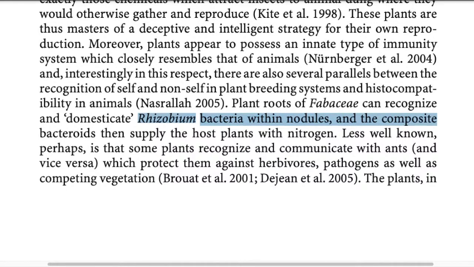And the composite bacteroids then supply the host plants with nitrogen. That's strange, huh? So they can recognize and domesticate these bacteria within nodules.